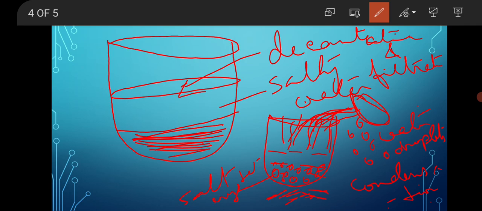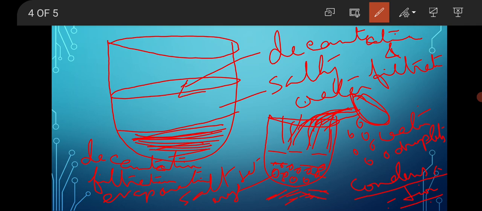We can say that yes, we can separate salt, sand and water using the processes of number 1, decantation, then number 2, filtration, then number 3, evaporation, and lastly the process of condensation.